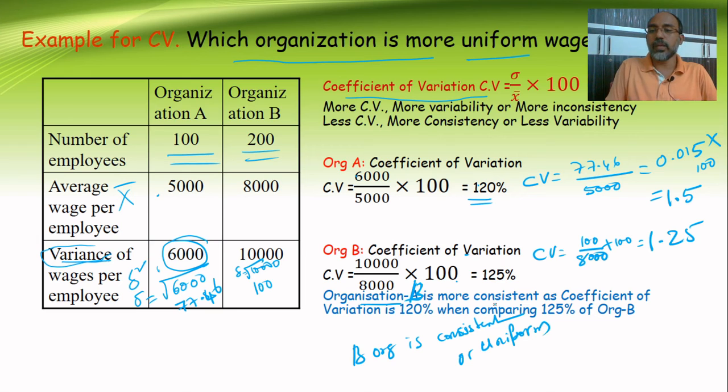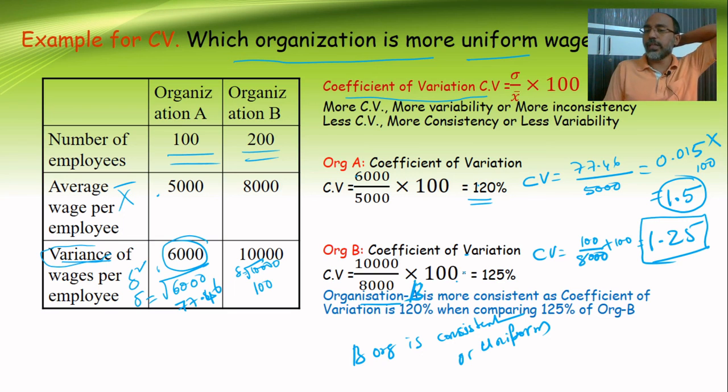Why? Because it is 1.25 only, whereas it is 1.5. So 1.5 is the greater number and 1.25 is the lesser number. According to this percentage, 1.25 is the lesser one, so it has more uniformity.